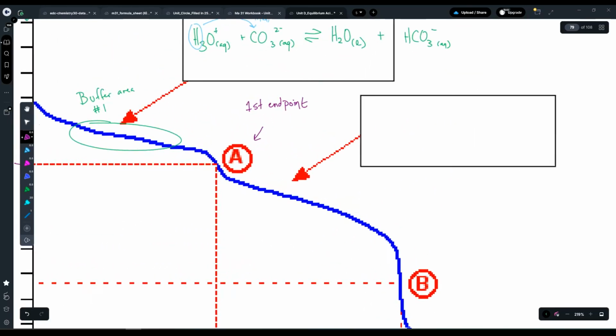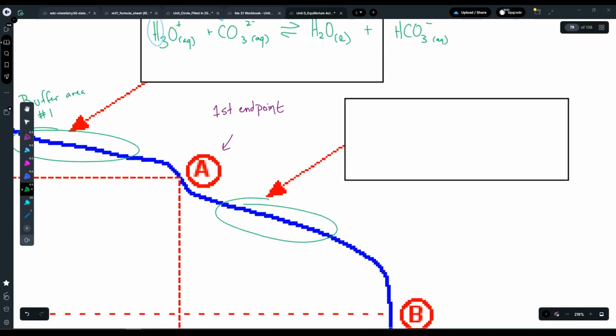So moving along on this pH curve, this next area is our second buffer area.